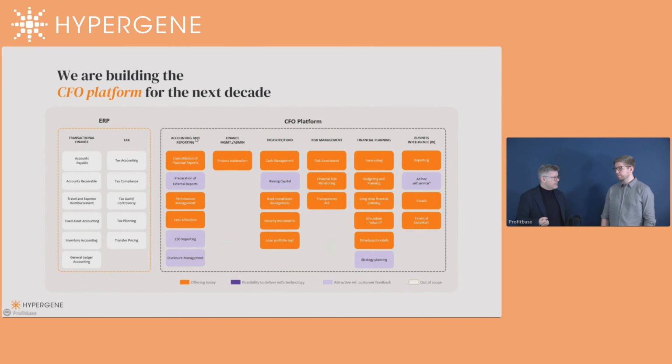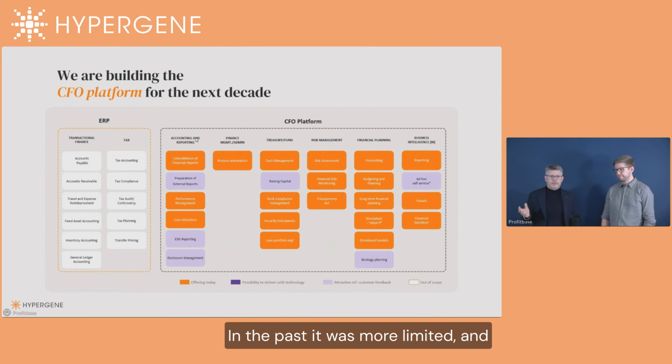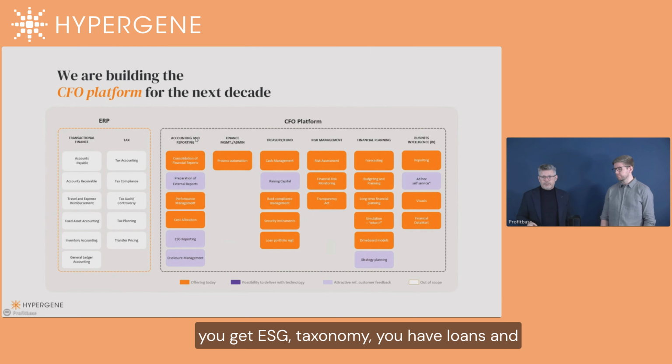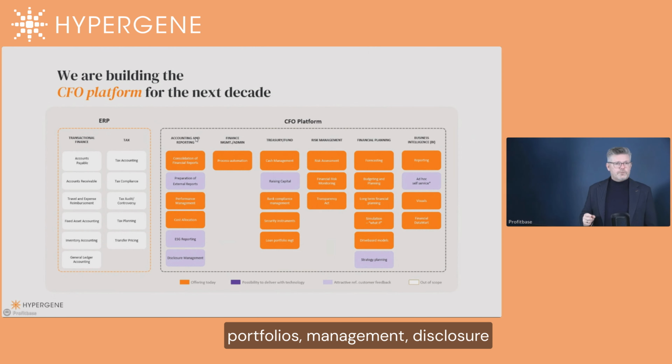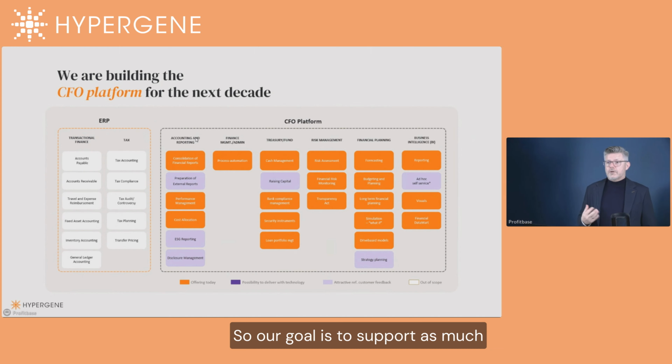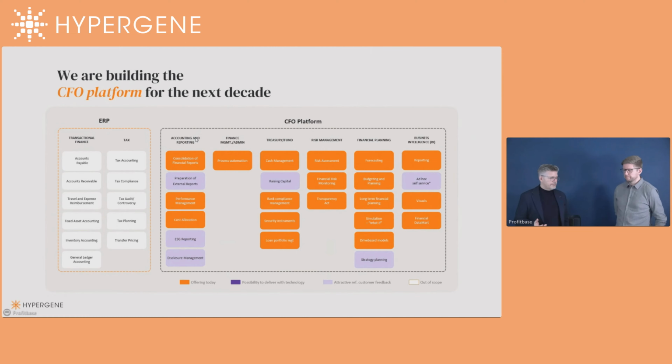And they are changing. Before it was more limited, and you obviously have your accounting and all that, but it's now getting ESG, taxonomy, loan and portfolio management, disclosure management, quite a large range. You need to manage your risk in a company, and a lot of that ends up on the CFO's table. So our goal is to support as much of these activities as we can.